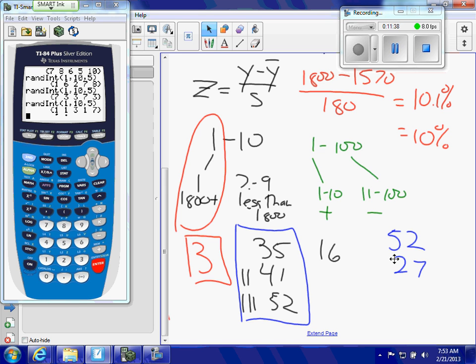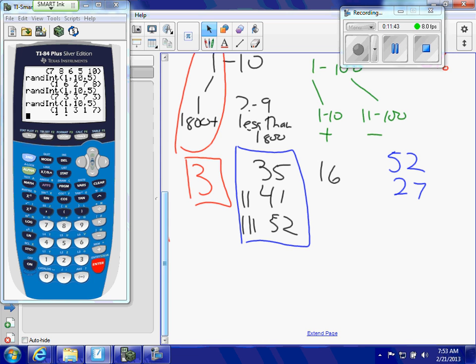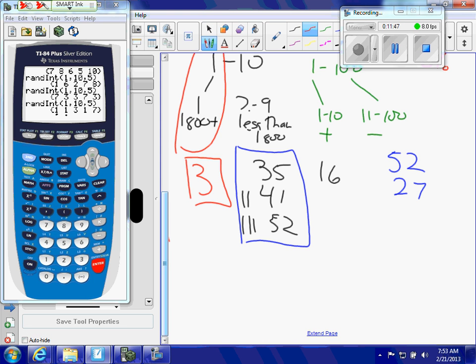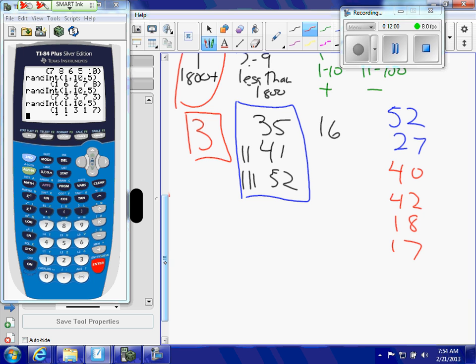Once I got my 20 times, what I would have done, let's say that my 20 times worked out to be, I'll put them in red here since I didn't really do them, but let's say it was 40 and 42, and then 18 and 17. However many times I run my simulation, I want to find the average number of envelopes I would have had to open.